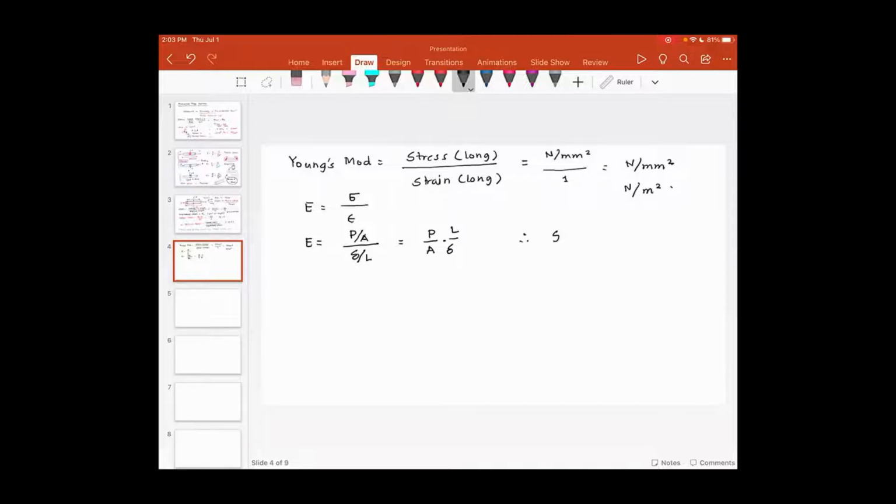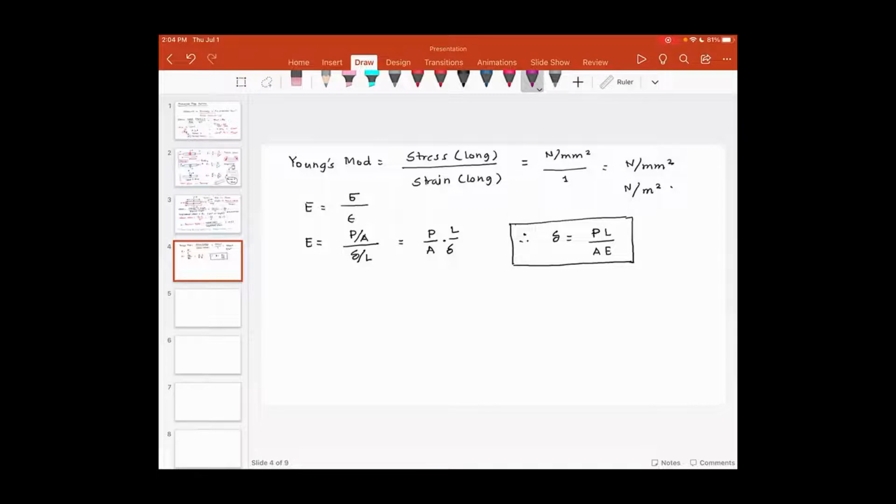Thus, delta is equal to PL divided by AE. So the change in the length, it could be tensile or it could be compressive, is given as force times L divided by AE.